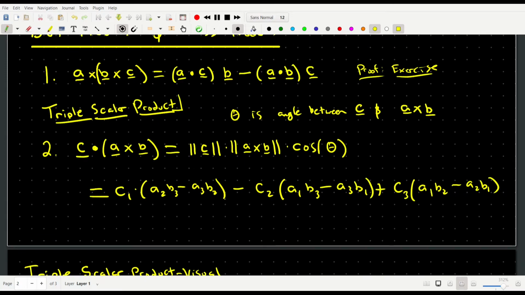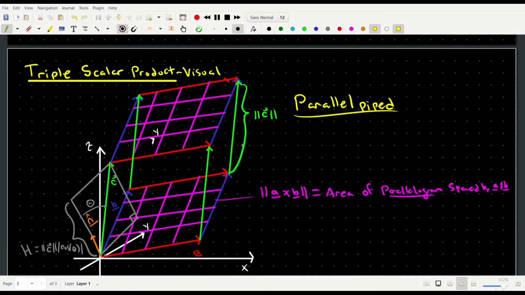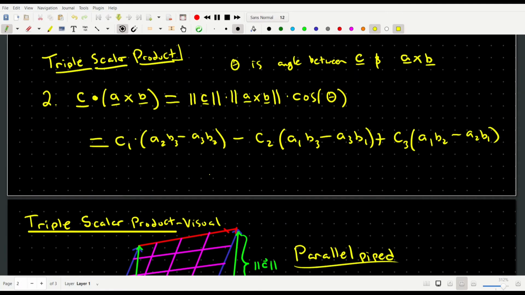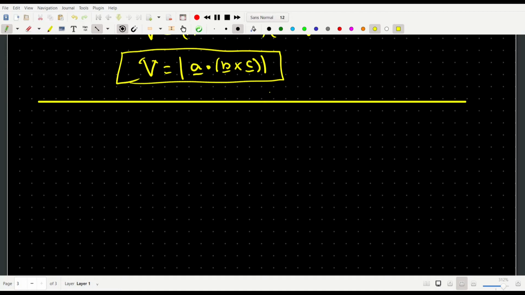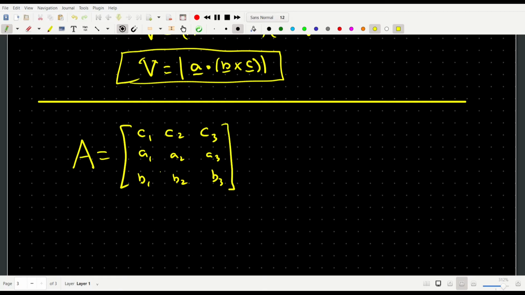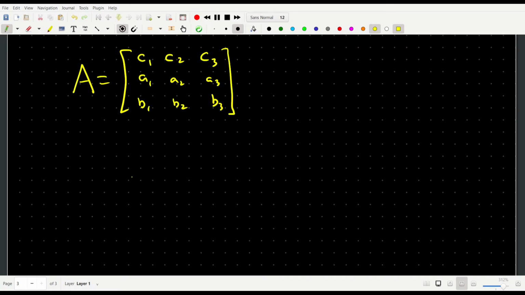And I think one of the last things that I want to show here in terms of a connection is that this is actually very relevant in terms of what's called a cofactor expansion of a determinant, specifically in linear algebra. If you have a matrix A, and I'll write the matrix down as C1, C2, C3, A1, A2, A3, B1, B2, B3, similar to how we computed the cross product before.